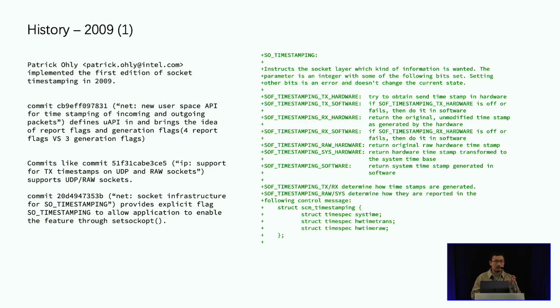The generation flags are used in data paths to tell the kernel, can we generate a timestamp when the packet is transferred to a certain measurement point. And how about the report flag? Without the report flag, the application cannot receive these timestamps. I will talk more about it later.